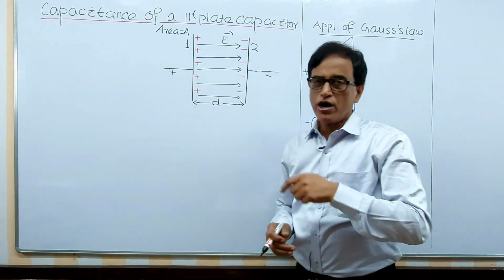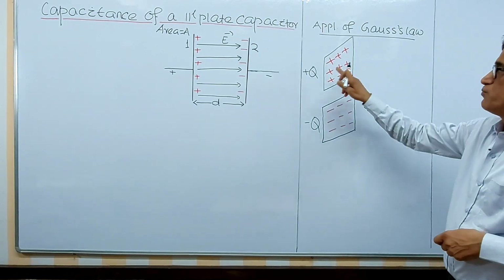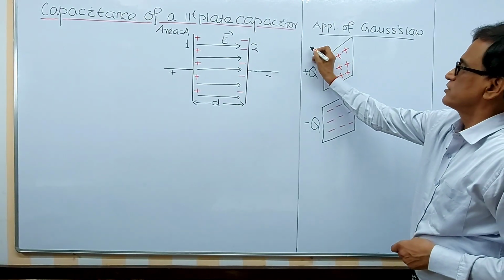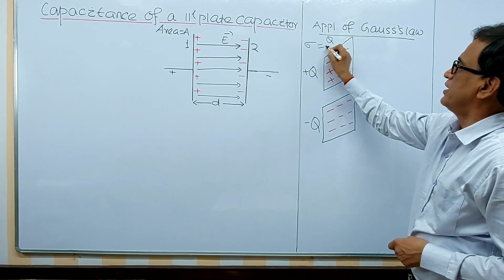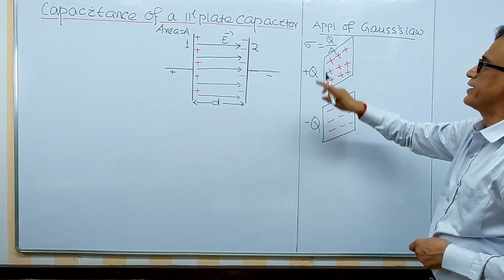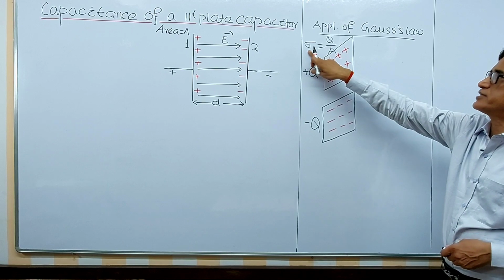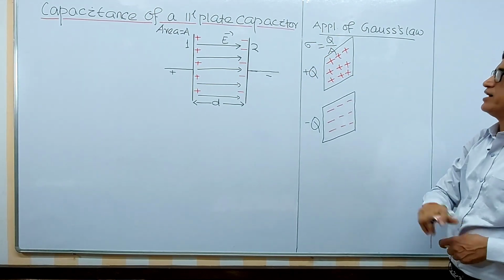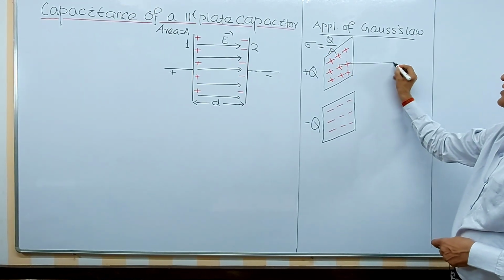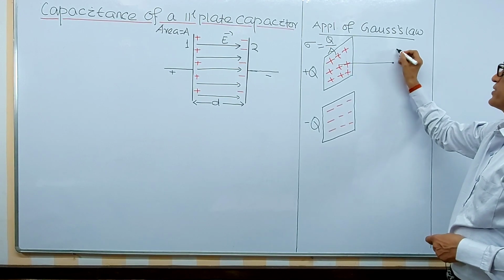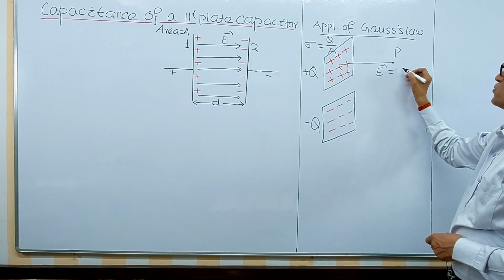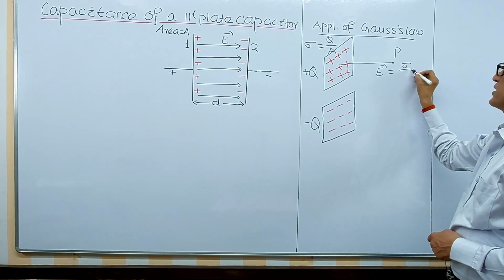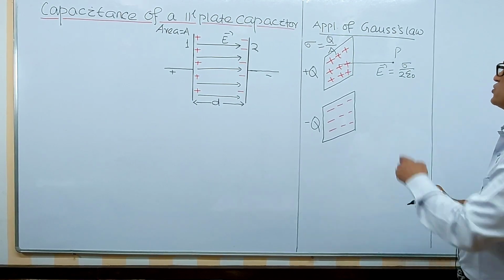If you have a thin sheet of positive charge with charge density sigma, I think you know sigma is equal to Q by A. Surface charge density is charge per surface area. Now at any point, the electric field in magnitude equals, I think you do remember, sigma by 2 epsilon 0.